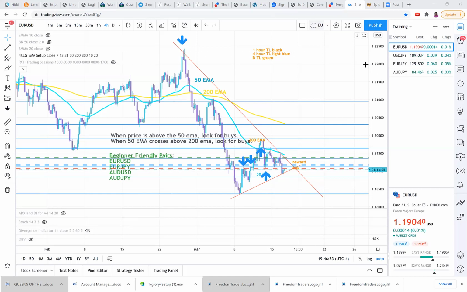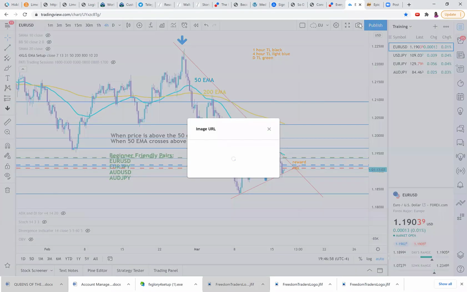Oh, let me show you before we go. If you click on this camera, it takes a minute. When it's done, it's going to give us a copy button. So I can click on copy, and now I can go to Telegram and literally paste the image of your TradingView chart.